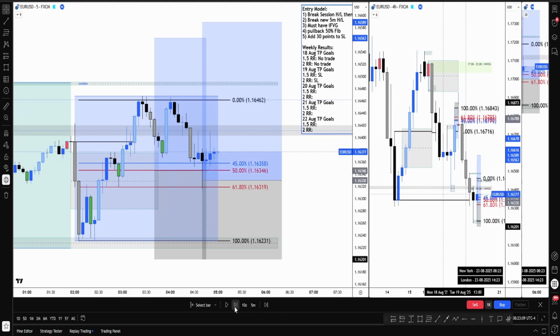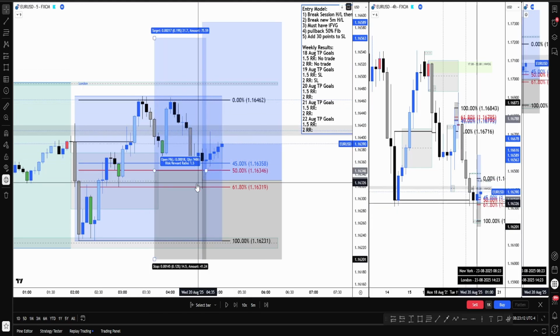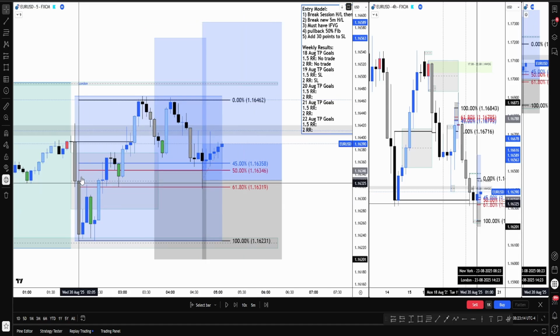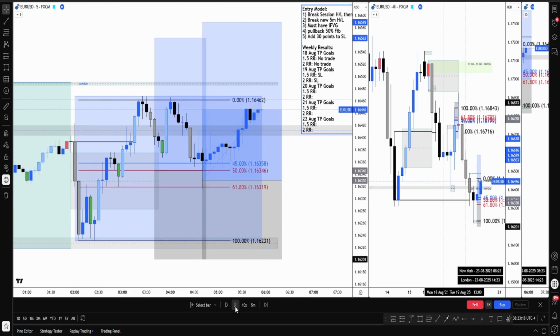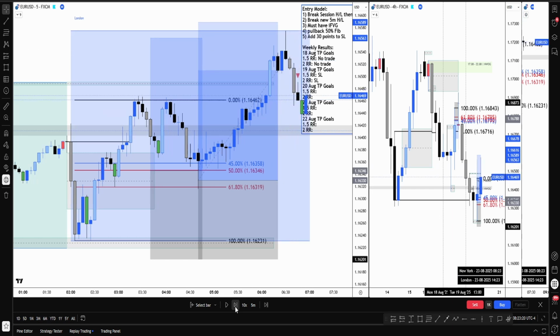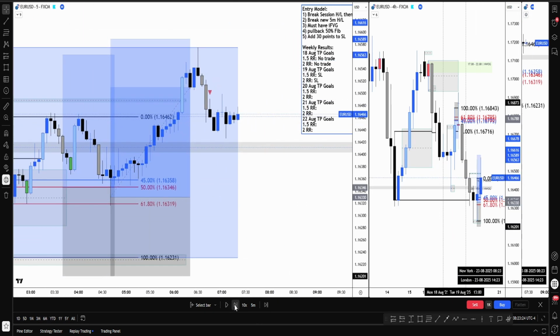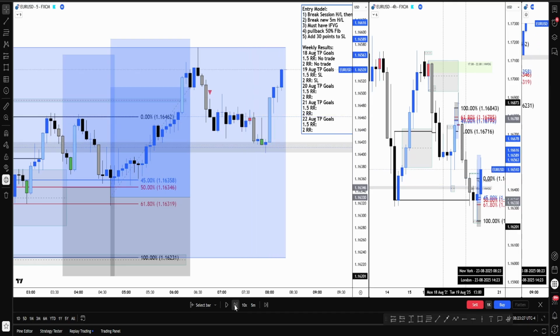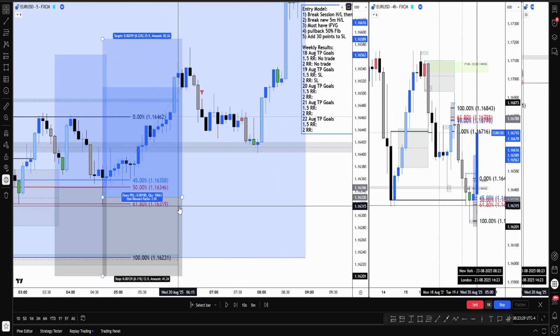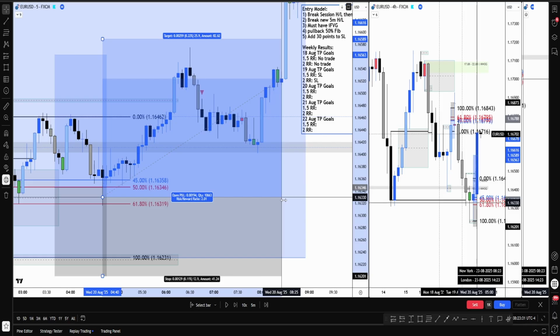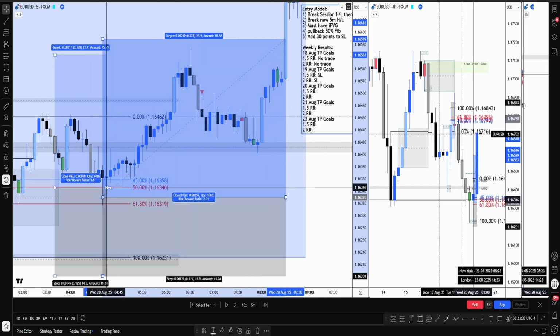Okay, we tapped in on this trade and this order block trade, and now we wait. We actually hit our TP here, and we hit this one's TP as well, just like that. Great.